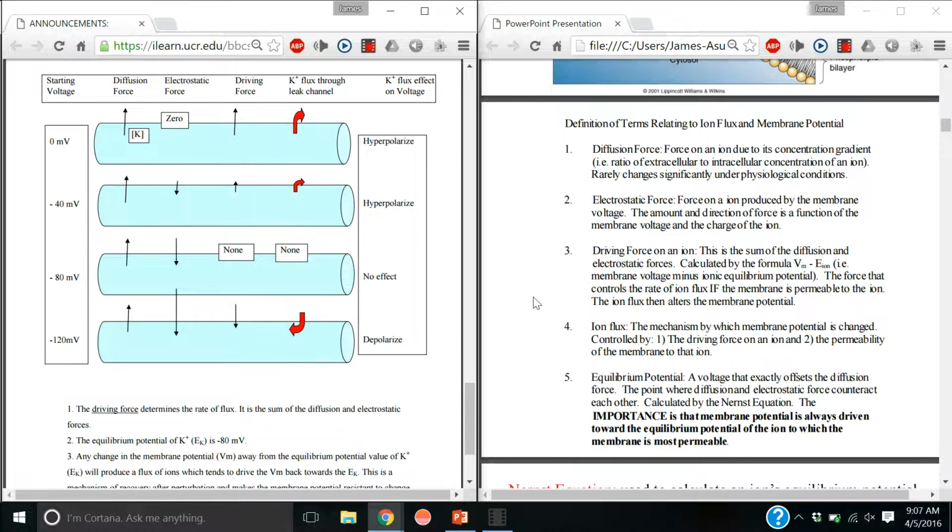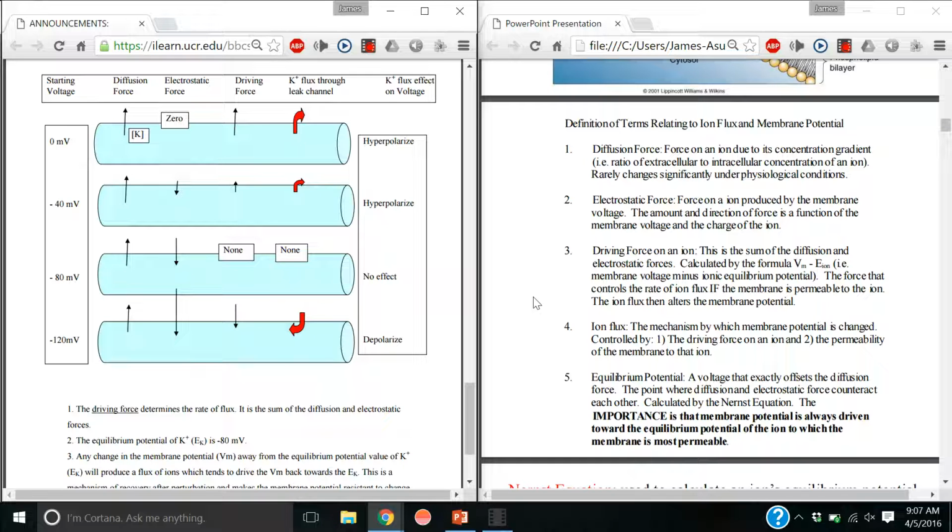That is the force that controls the rate of ion flux if, notice the if is capitalized, if the membrane is permeable to the ion. And then ion flux, the mechanism by which the membrane potential is changed, is controlled by the driving force.